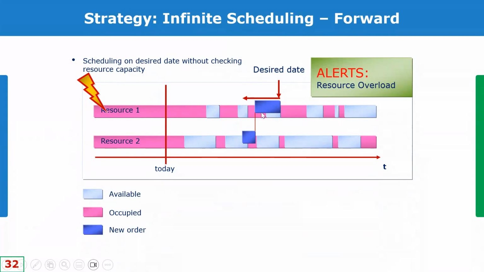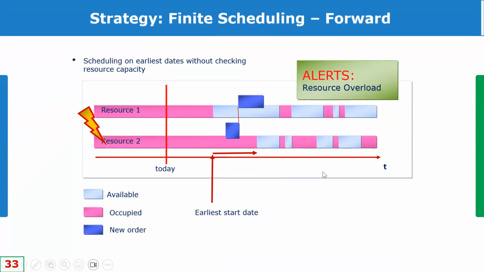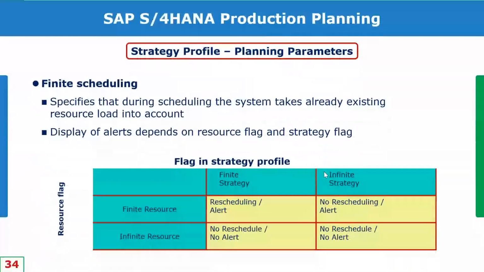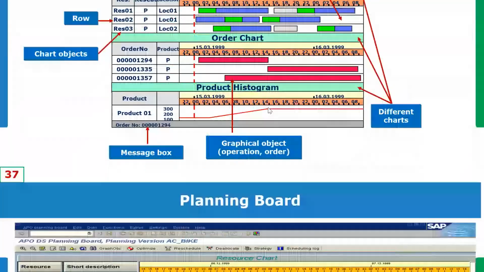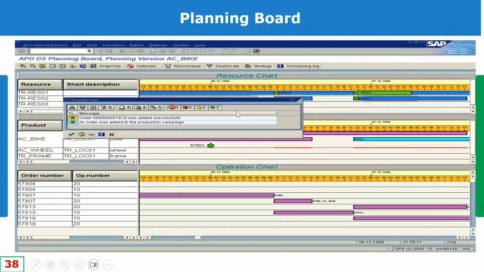This is like capacity planning, how the resource or work center planning is happening. And these are the orders, how the orders are created in the system, and how they are seen in the capacity planning board in advanced planning.